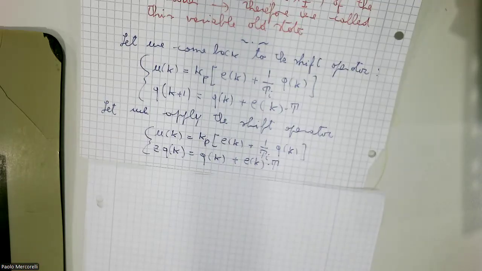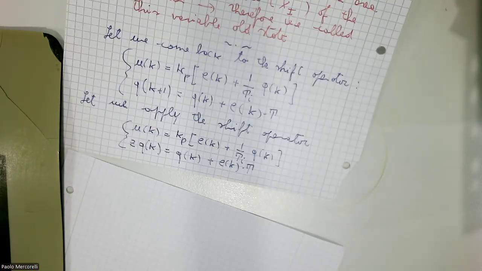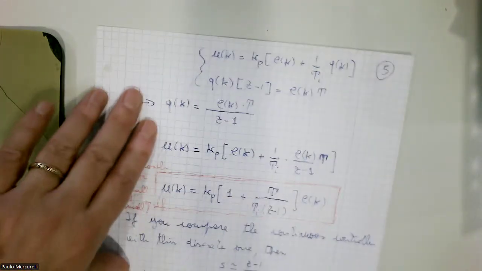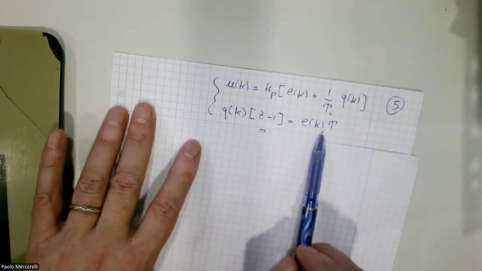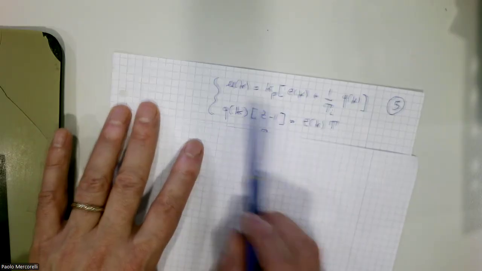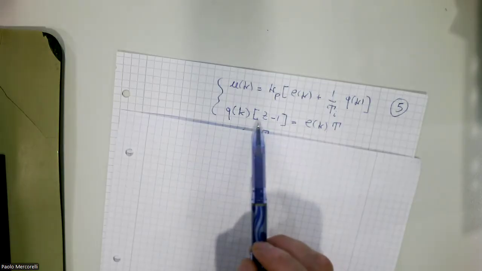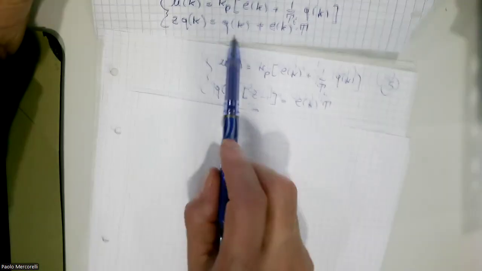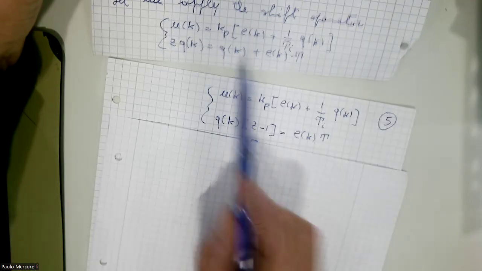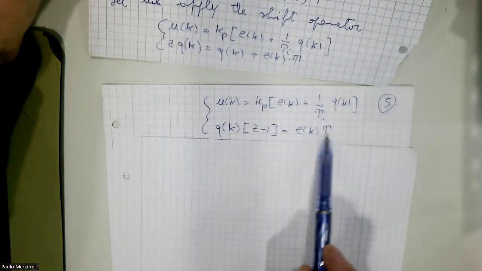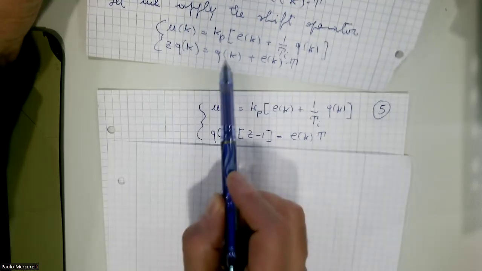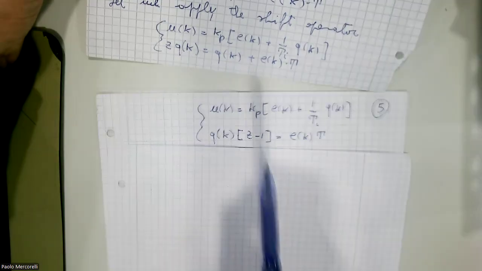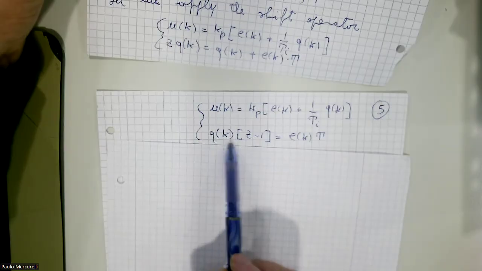Let me go ahead with the meaning, because we will see now some interesting parts. I copy for you this part, and I put, look, it's an easy calculation, I put this on the left part. I don't know if from here to here is clear. If you subtract Q of k on the right and left, and then I put in evidence Q of k, I think it is clear, no?